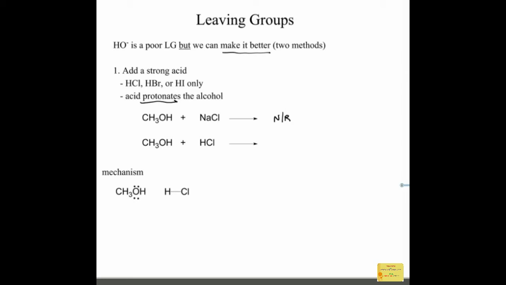That doesn't depend on the mechanism you take to get there. However, instead of using sodium chloride, which means you just have Cl minus, if instead we use HCl, the difference here is HCl has both the acid part and it has Cl, then you do get a substitution reaction taking place. You can replace the OH with the Cl.